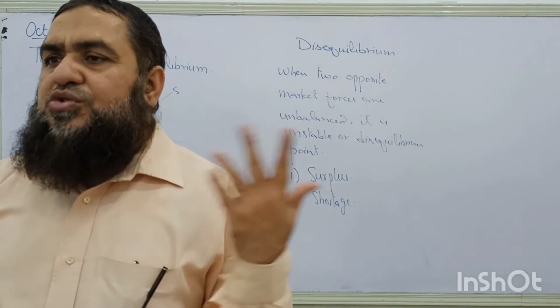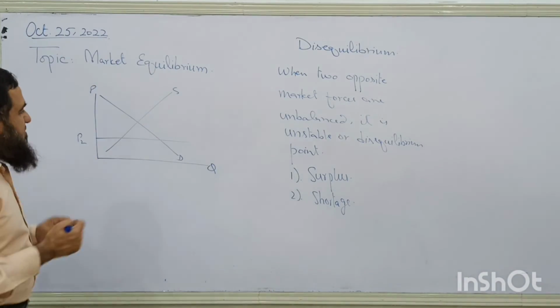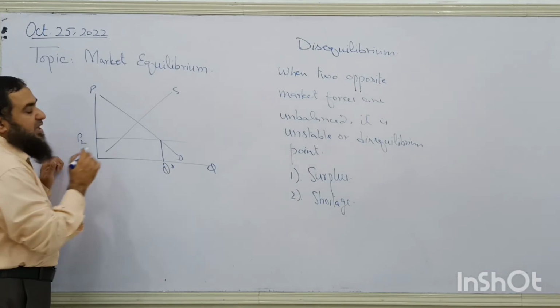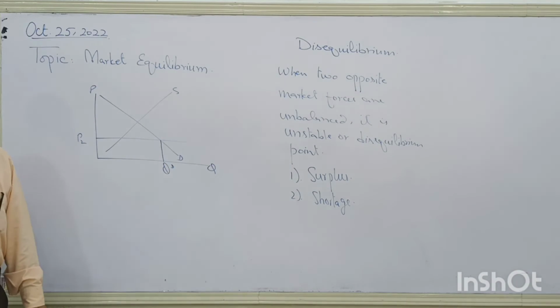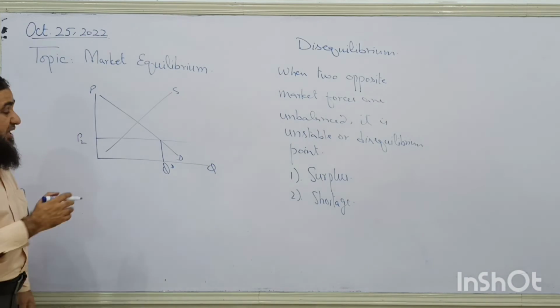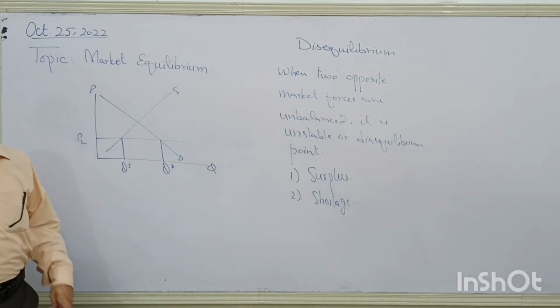If it goes to 10 rupees per bottle, what happens? Consumers will demand too much. This is the demand by the consumers at this lower price. But the sellers of those cold beverages are ready to supply only this quantity.